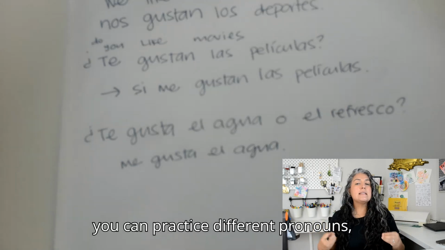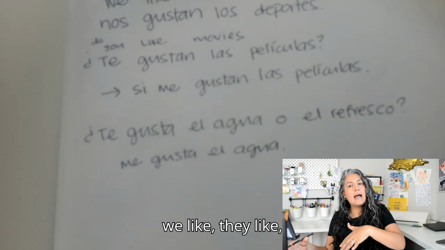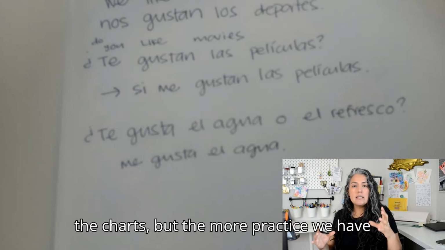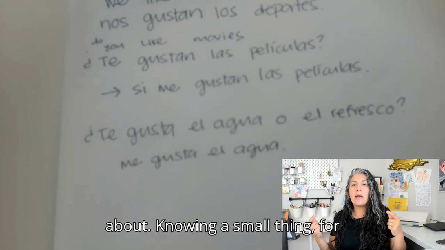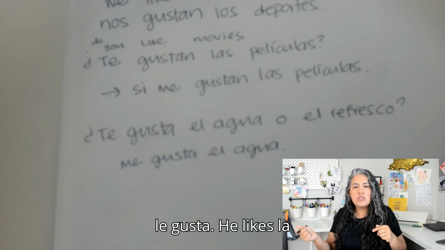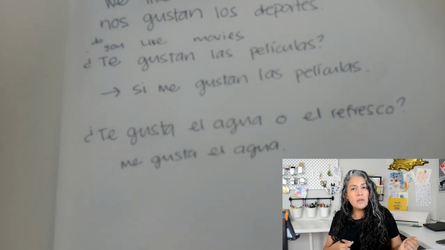So if you can practice different pronouns, we like, they like, he likes, she likes. I'll leave again the charts, but the more practice we have about knowing a small thing, for example, food, comida. Le gusta, he likes la comida. He likes food.